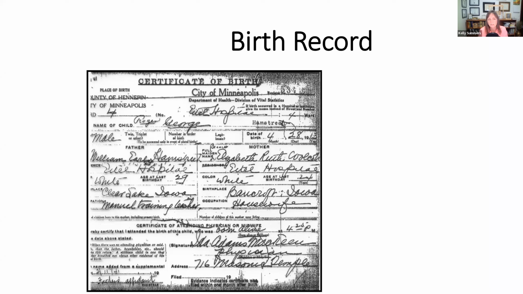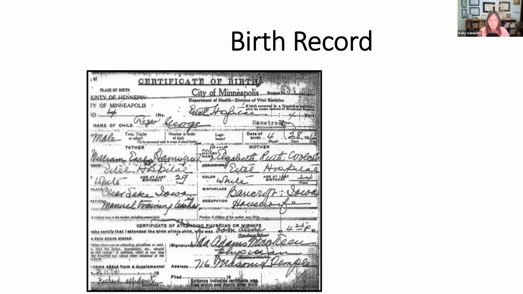Now, something I learned after carefully examining this certificate is that you'll notice that George is written in the center of the document, and then Roger was added later. Sometimes parents don't agree on a name, and maybe that's what occurred.